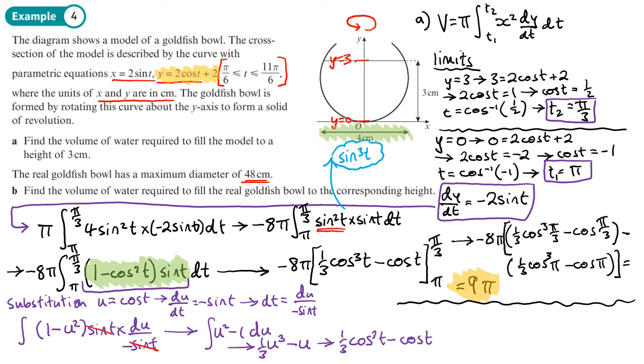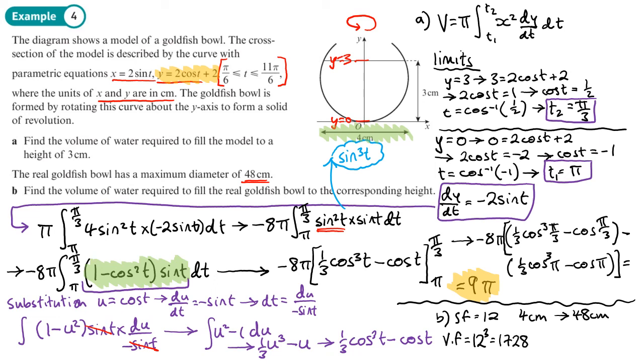So that means that the scale factor, let's write this down, the scale factor that's going to take me from 4 centimeters to 48 centimeters is 12. Now what's the volume factor? Well, the volume factor is 12 cubed. Now 12 cubed, I'm not going to do that in my head. 12 cubed gives me a value of 1728.